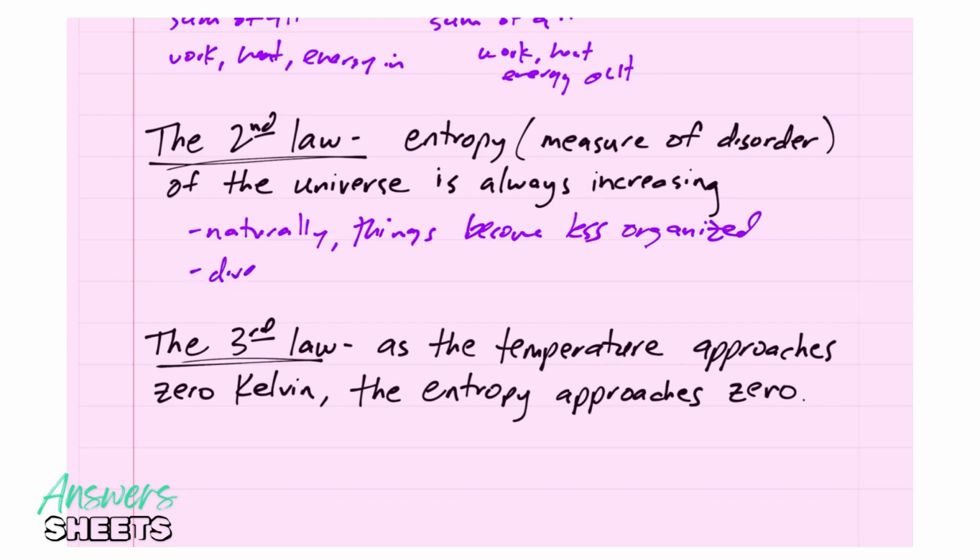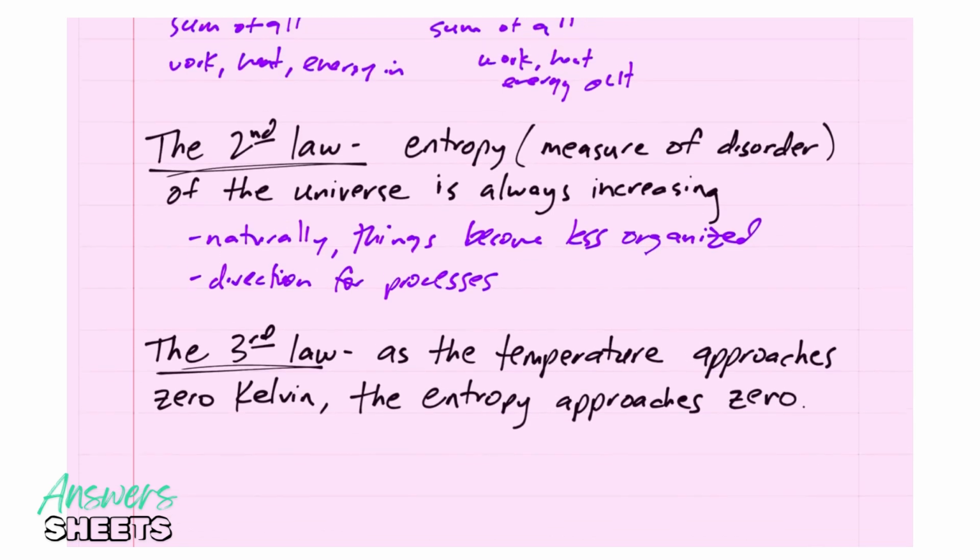This gives a direction for some processes. If we could measure the entropy, we know that naturally the total entropy is going to increase. Now, we might have pockets where the entropy decreases, but on the whole, if we look at the universe, or something that we could define as the universe, entropy is always increasing.